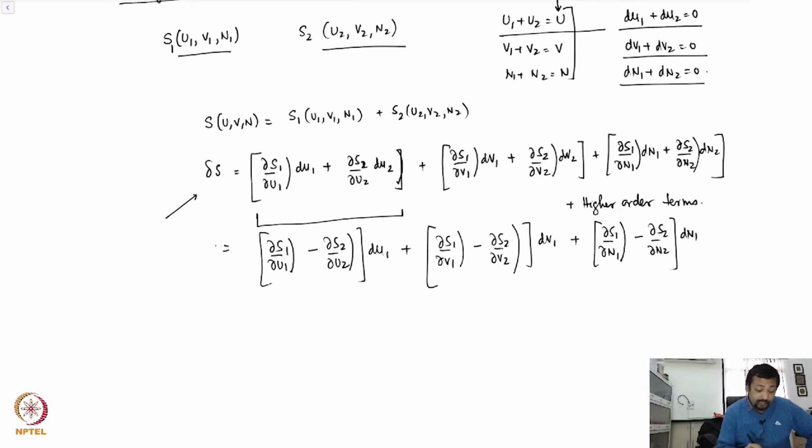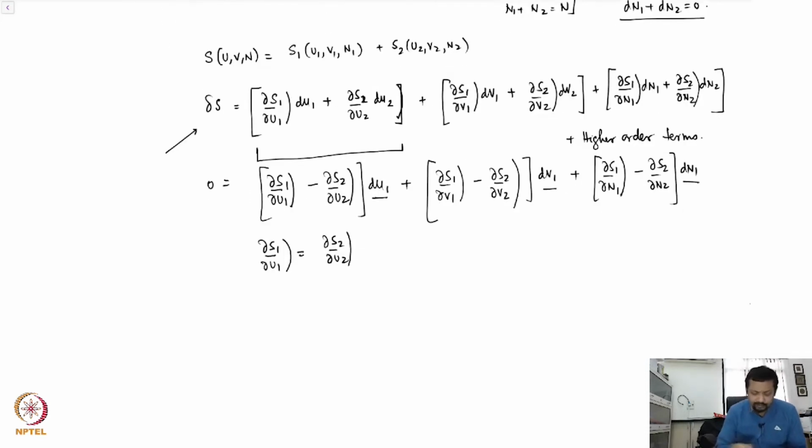Since the left hand side is identically 0 and this is valid for any arbitrary variation in U1, V1 and N1, it follows that del S1 del U1 is going to be del S2 del U2. I have suppressed the variables which are held constant. You can easily figure them out.